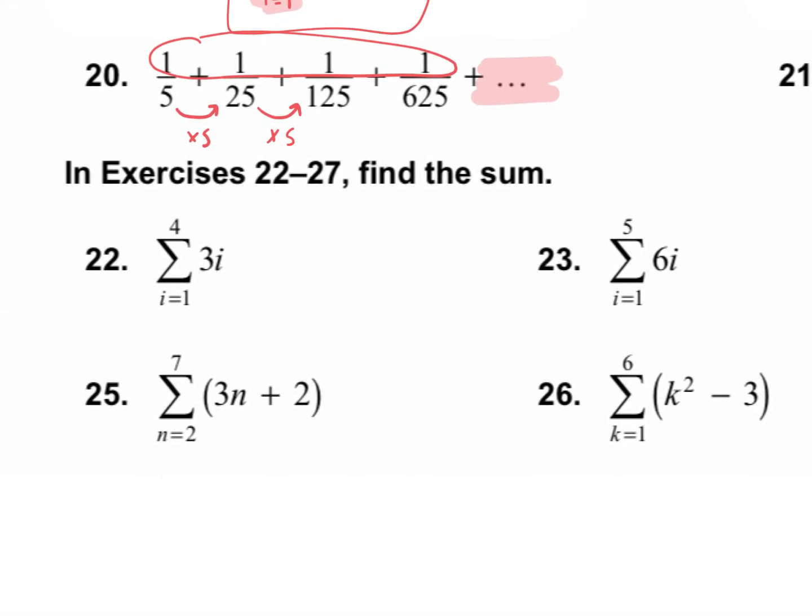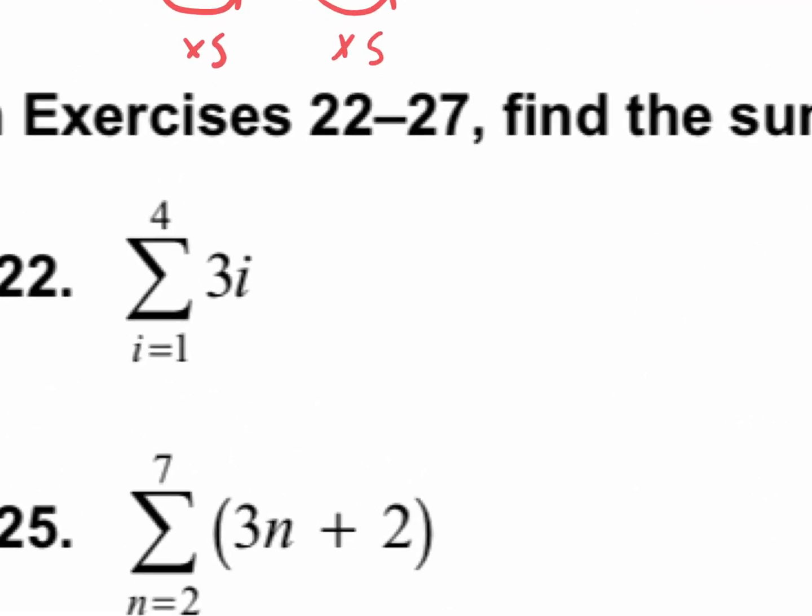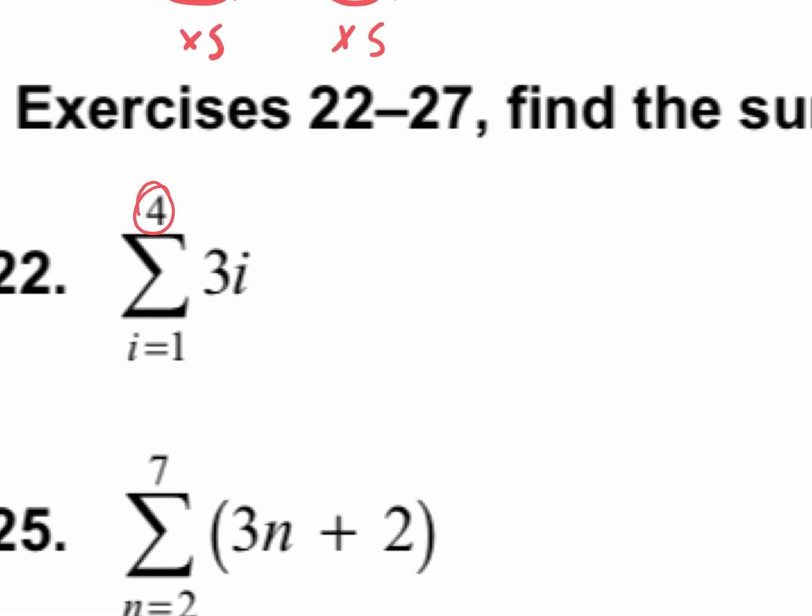All right, we're doing the even ones, so 22. So you have to find the sum. When you have a small number here, it's easiest just to plug in your first number through your last number. So we're going to plug in 1, 2, 3, and 4. So you have 3 times 1, 3 times 2, 3 times 3, and 3 times 4.